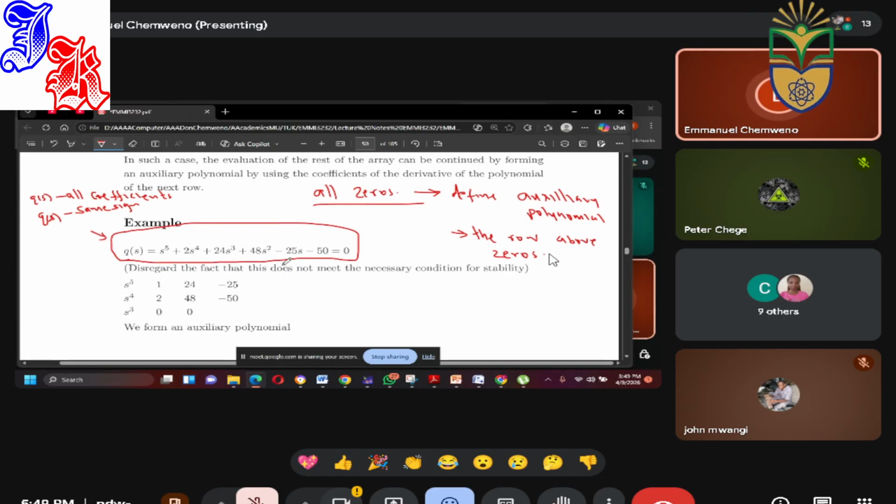Despite the fact that we know that this is unstable because of the negative sign, we just need to find the number of poles. Our question is the number of poles on the right hand side. So we'll proceed despite the fact that we know that it is unstable, we will just proceed with the process.